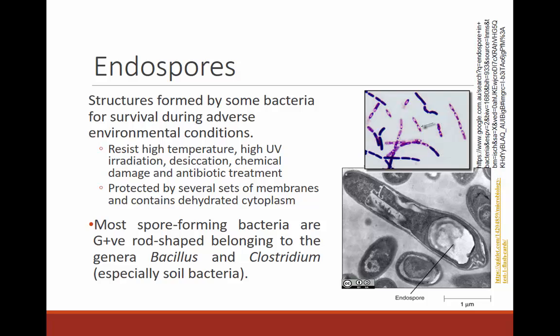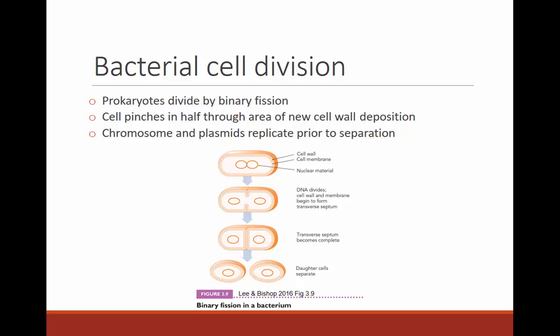Because the tetanus injection just means that if there's any toxin being produced, that injection will actually mop that toxin up. Okay, that's what it is. And so mainly Bacillus and Clostridium, especially soil bacteria.